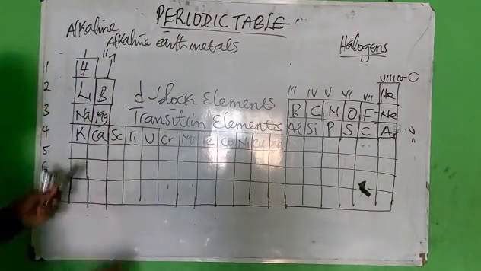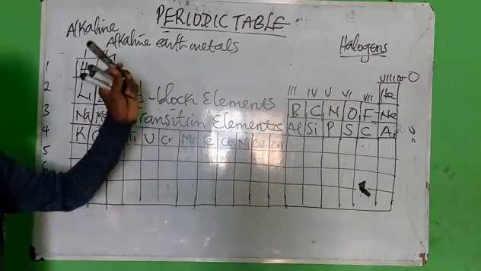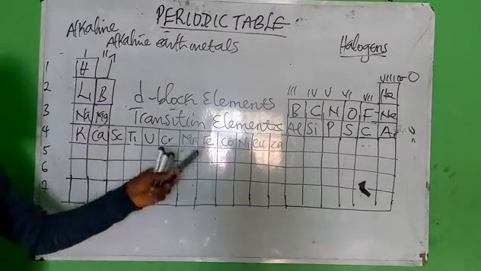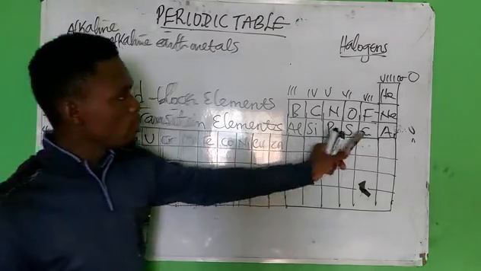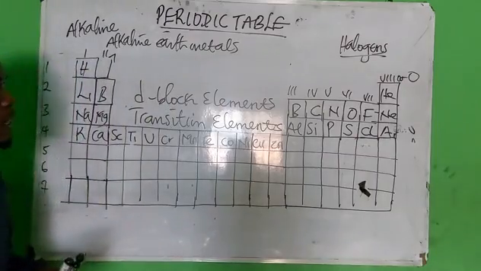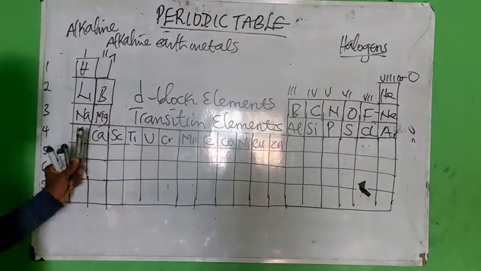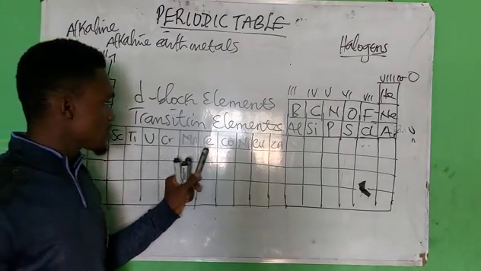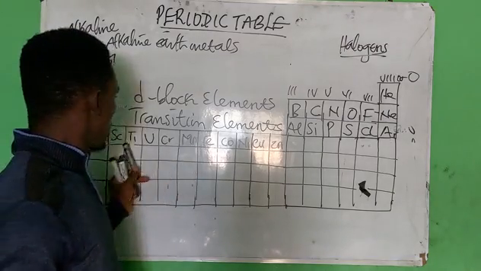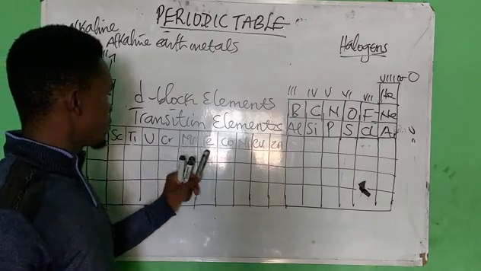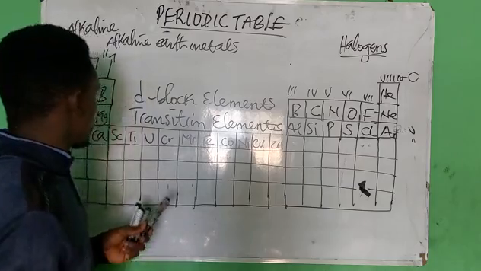So hydrogen, helium, lithium, beryllium, boron, carbon, nitrogen, oxygen, fluorine, neon, sodium, magnesium, aluminum, silicon, phosphorus, sulfur, chlorine, argon, potassium, calcium, scandium, titanium, vanadium, chromium, manganese. It's correct now.